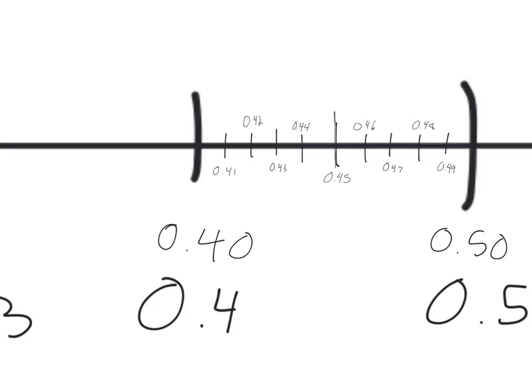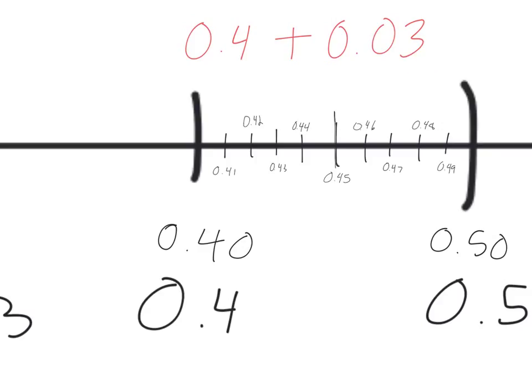So let's pretend we had the problem 0 and 4/10 plus 0 and 3/100ths. Oh, I'm sorry, I'm reading all these numbers wrong. I hope you caught that. Let's read this number: 0 and 4/10 in the tenths place plus 0 and 3/100ths in the hundredths place.